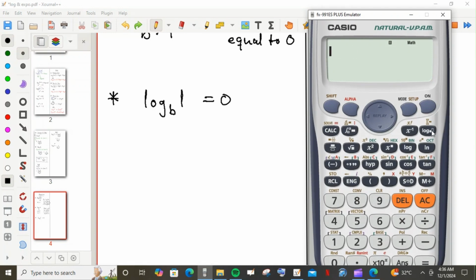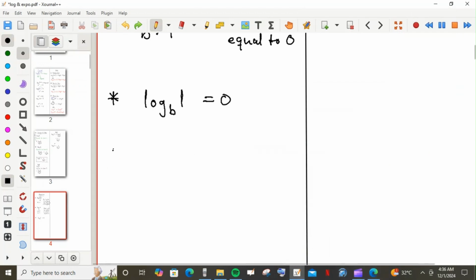Logarithm of 1. Let me change the base. What if it's base 10? Does it change anything? What is base 20? It doesn't change anything. So log of 1 is always 0.